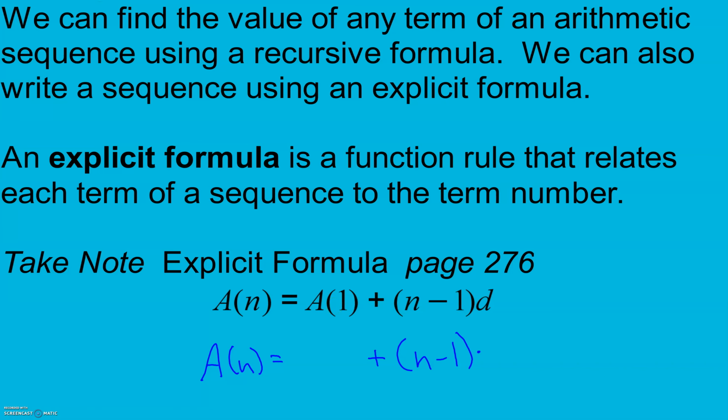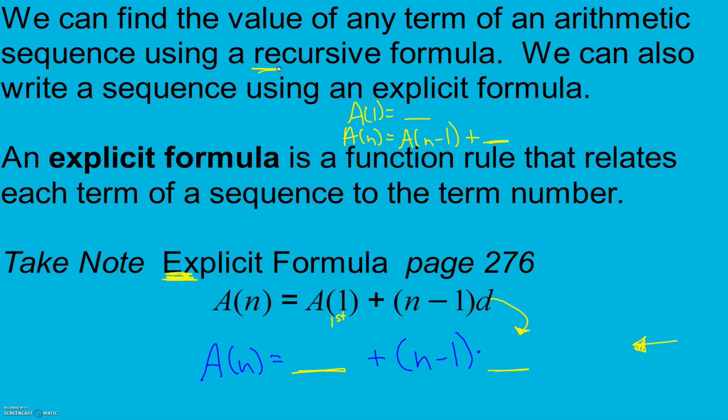So again, this is our first term. This is our common difference. And this is for our explicit formula. Our explicit formula lets us find the exact value we're looking for with exactly one equation. Whereas the recursive formula, we have 2 rows of formulas where we have to repeatedly add the common difference.